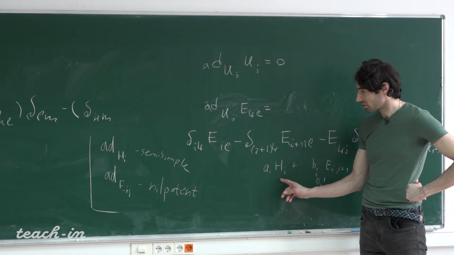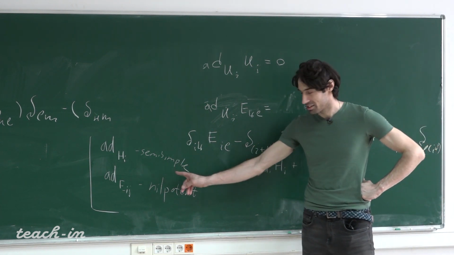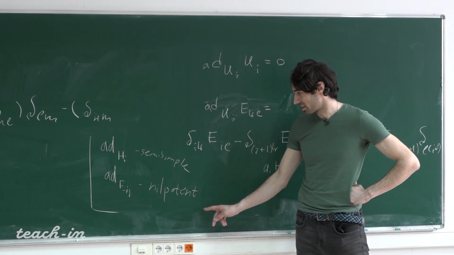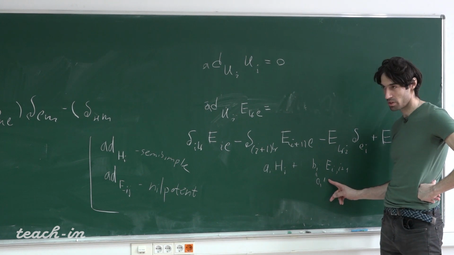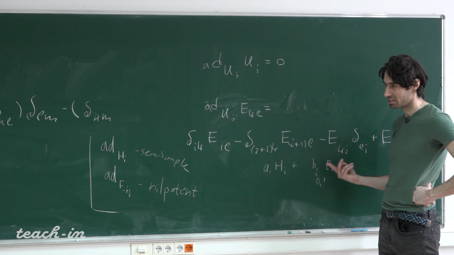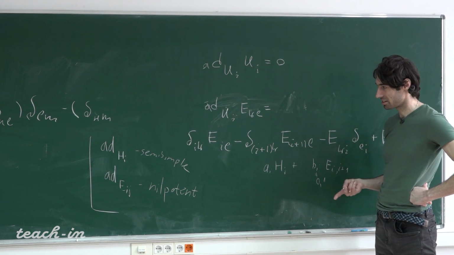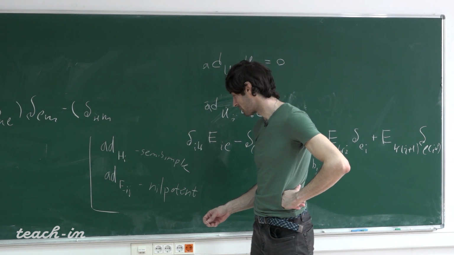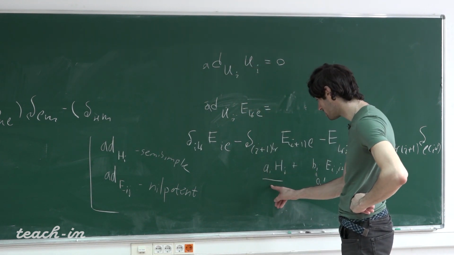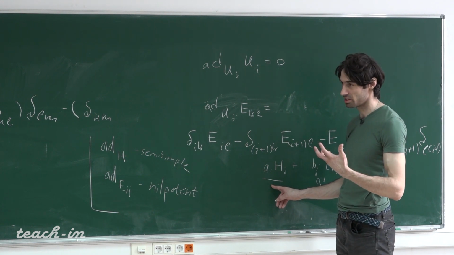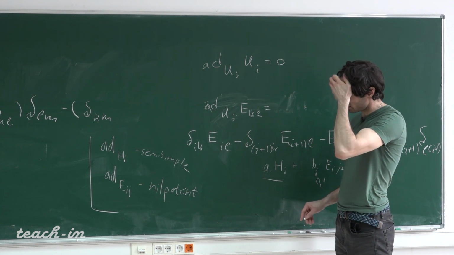But then ad HI is semisimple, right? And this is an upper triangular matrix. So then this is semisimple in the abstract Lie algebra sense, right? Yeah.